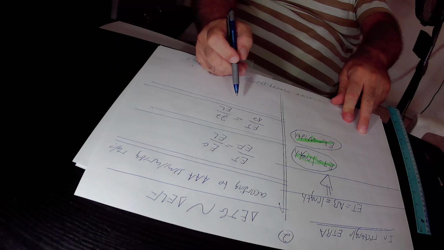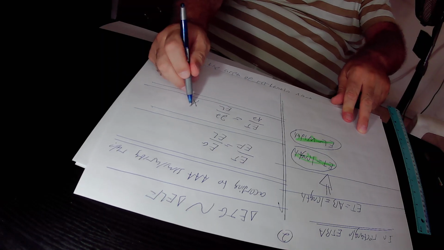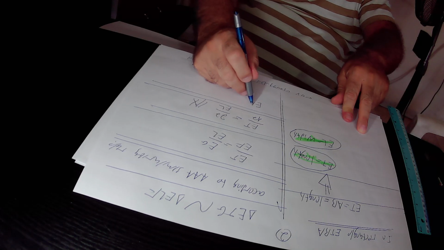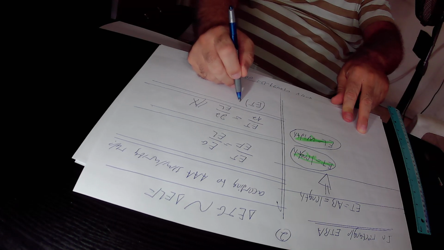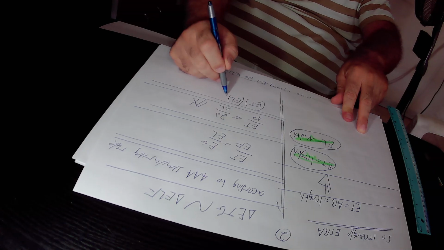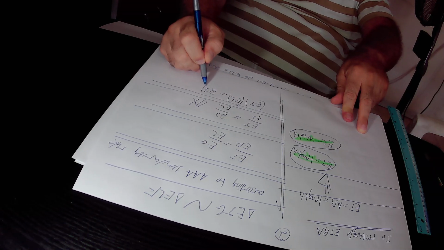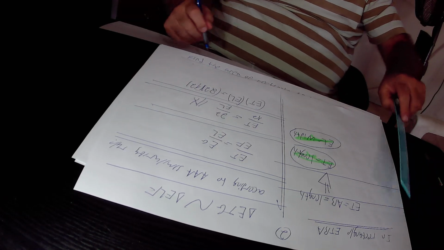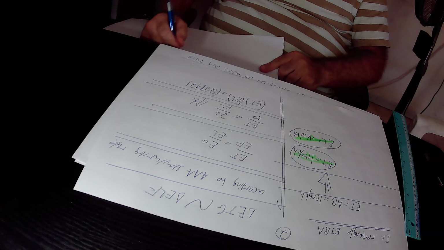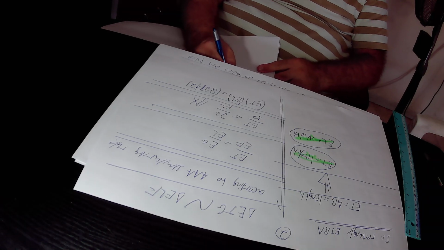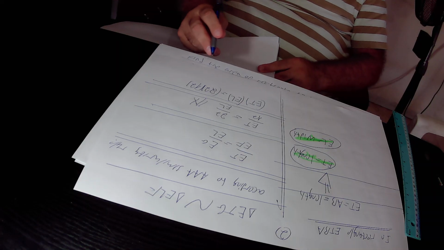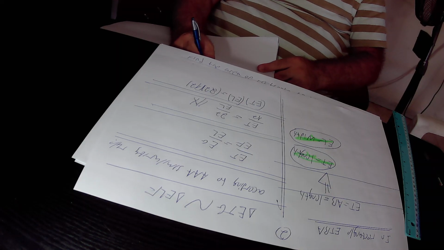Here, we will first cross-multiply this equation, and we get that ET times EL is equal to 22 times 12. 22 times 12 is 264.